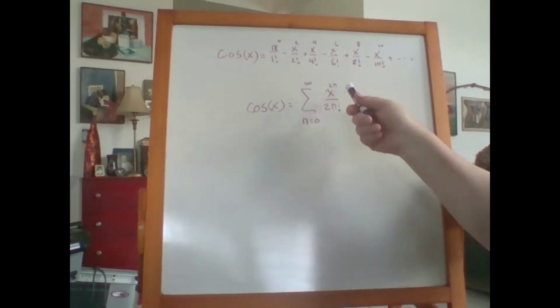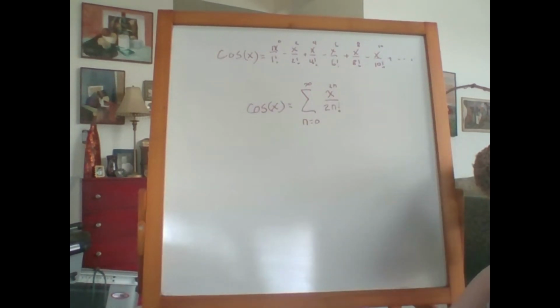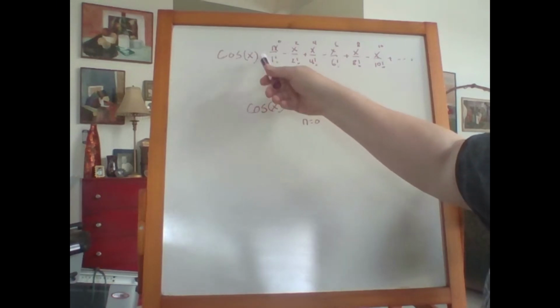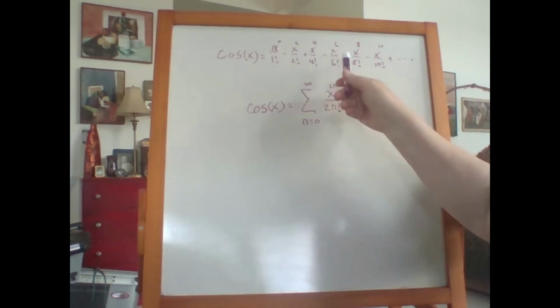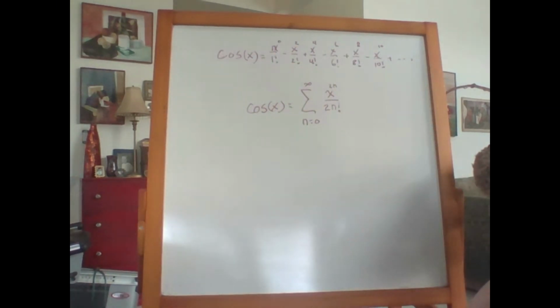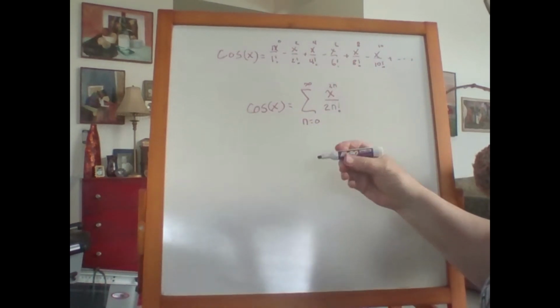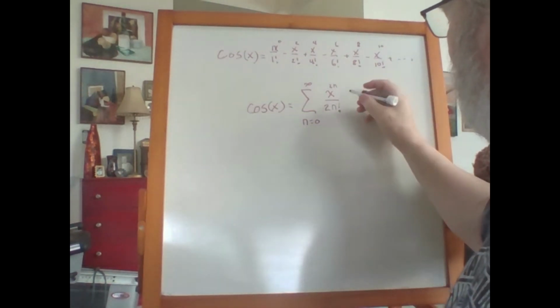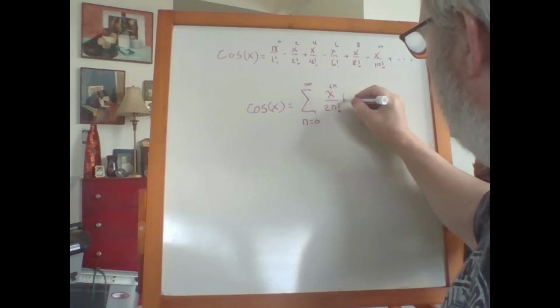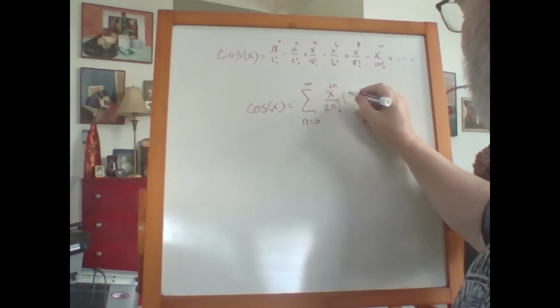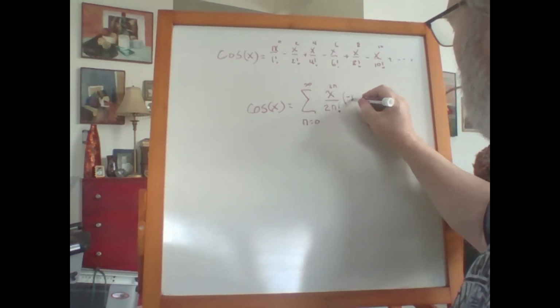Okay, so now we got one more thing. Notice we have positive, negative, positive, negative, positive, negative. This thing is alternating between positive and negative. So that also means that we have to add another factor of -1.